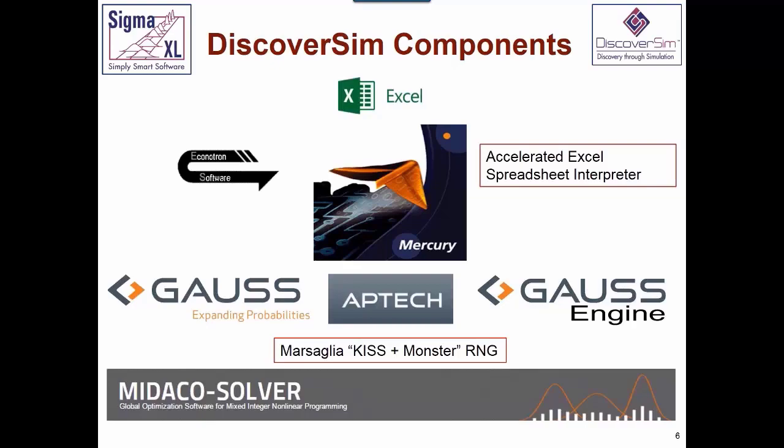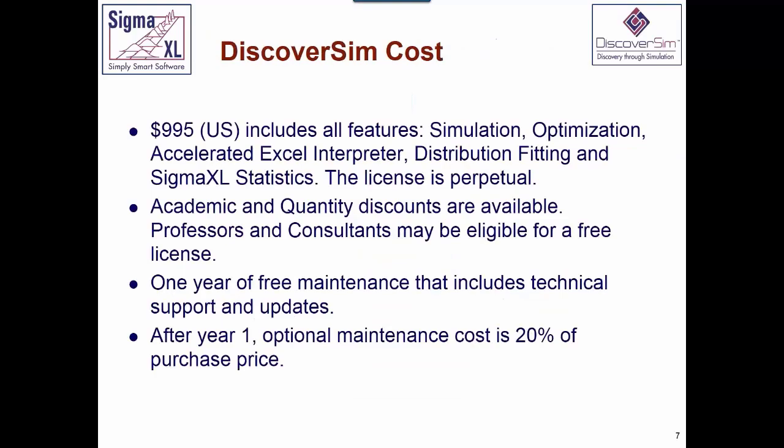It's a very powerful matrix programming language that allows us to do calculations that are much faster than would be available in Excel or in Visual Basic for Excel. Also, we have a very good random number generator, and we also have, for global optimization, MIDACO-SOLVER, and I'll talk about that in just a little bit.